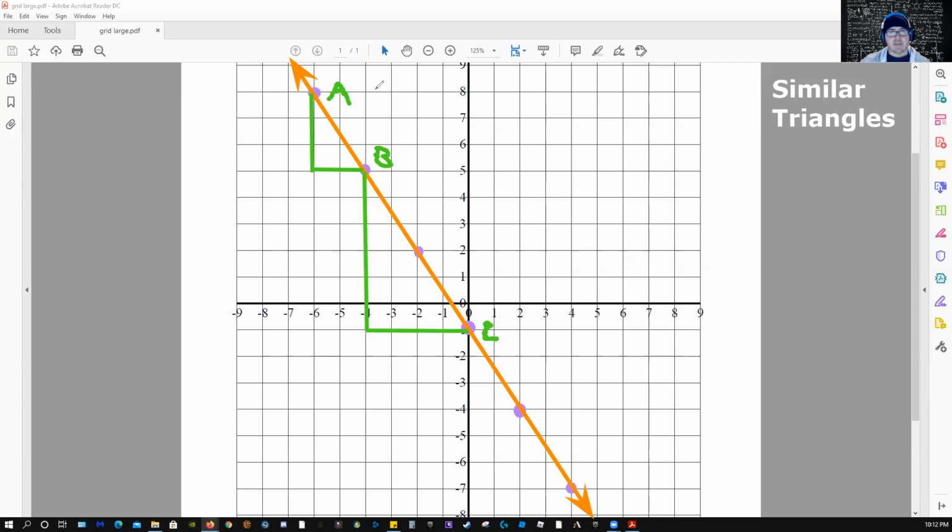So actually, you know what? Instead of calling these points, let's call this triangle A, this triangle B, okay?